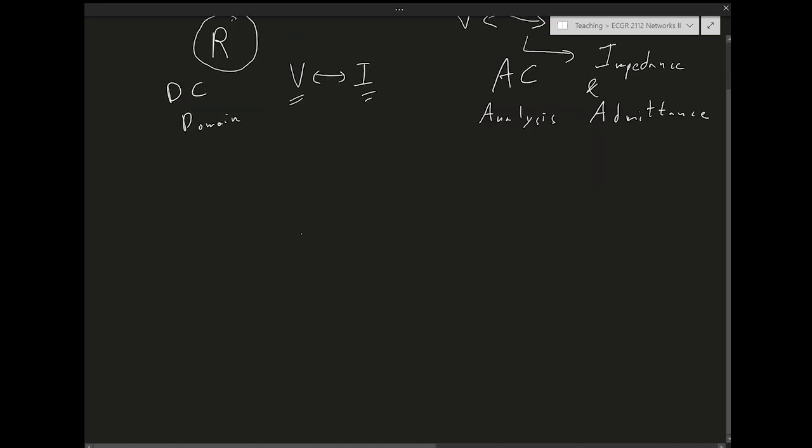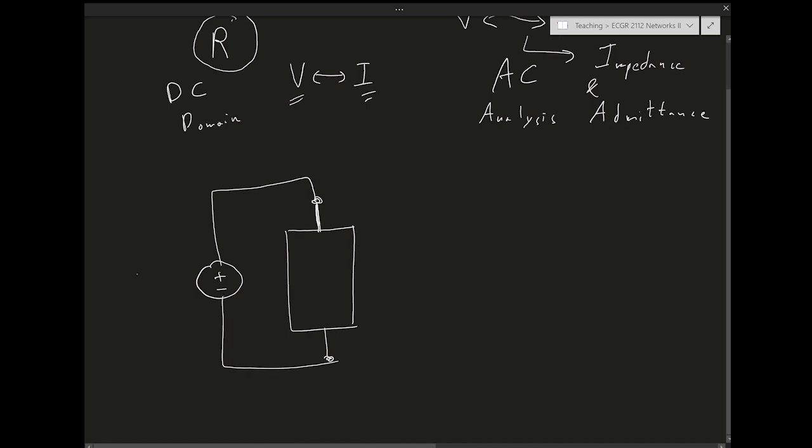So if we have any circuit, we take two ports from the circuit. The circuit is a black box. It doesn't matter what's inside it. In DC analysis, we discovered that if I apply a voltage supply and then measure the current going in, then the resistance of the circuit is going to be V over I. This is Ohm's law in DC analysis.